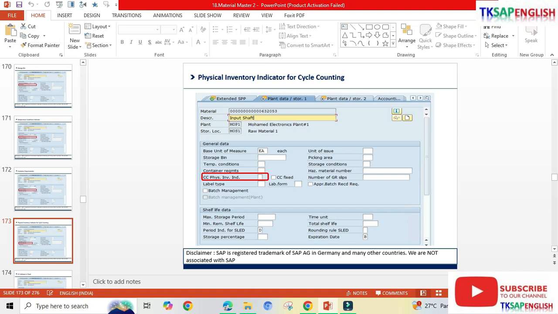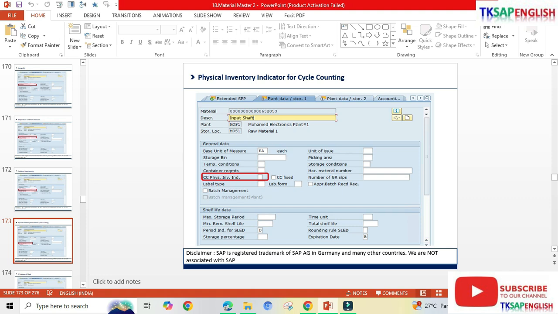These intervals or cycles depend on the cycle counting indicator set for the relevant material. You can use the cycle counting approach, for example, to ensure that the stock of fast moving items are checked more frequently than the slow moving items.